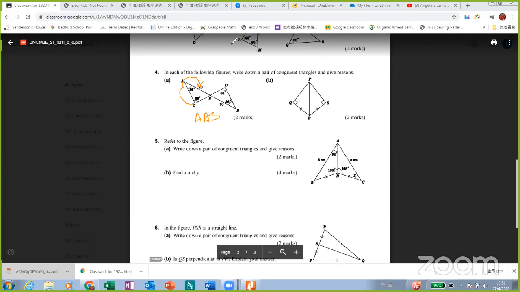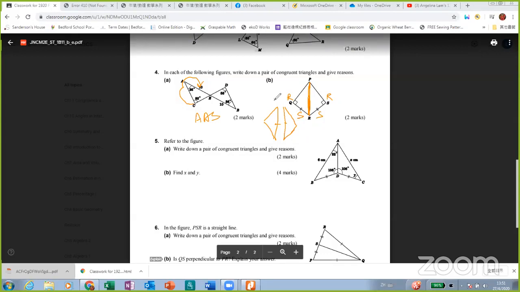And for the next one, I have R, and then I have length. And then this one is shared by the two triangles, of course. It is the same. If I split the two triangles like that, of course these two lengths are equal.